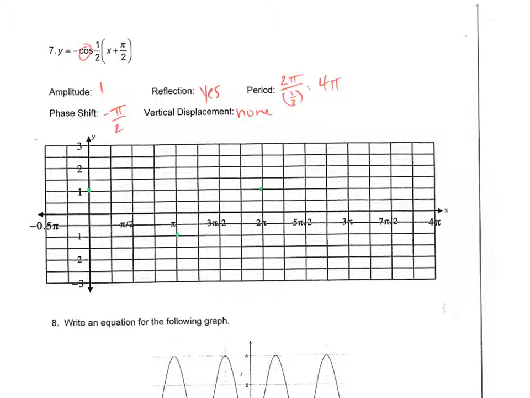So instead of having my next maximum after 0 at 2 pi, it's now at 4 pi. And halfway in between, I now have a minimum. But I have a reflection. So what was a maximum now becomes a minimum, and vice versa.